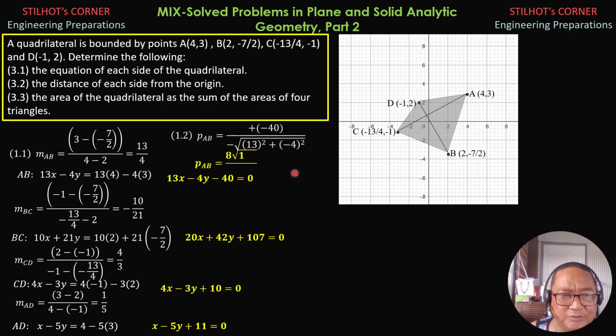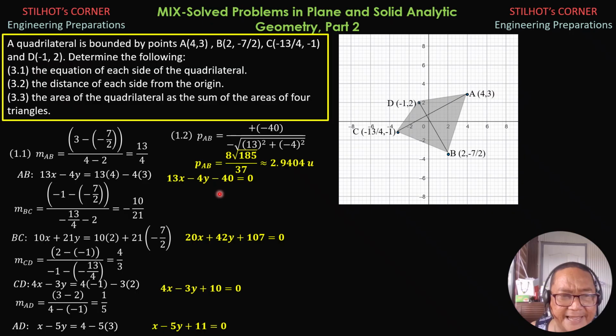That is equal to 8 square root of 185 over 37, or in decimal 2.94 units. I use 2.9404 units for calculations of area later.